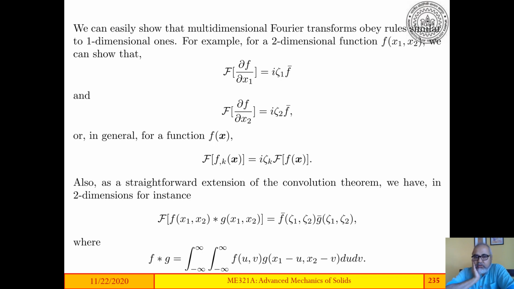The pain is worth it, because as you will see, there are many classes of problems that, if you understand this language of Fourier transforms, become extremely easy and straightforward to solve, at least up to some extent. Let's see that in the next class.